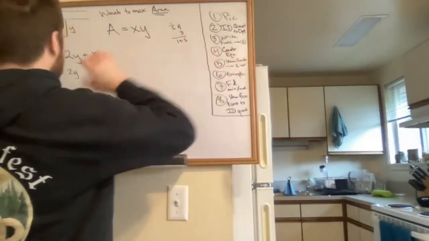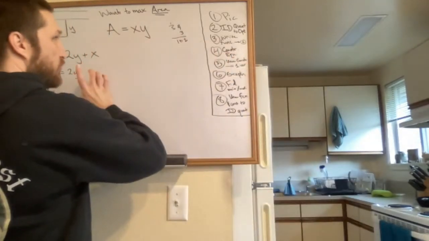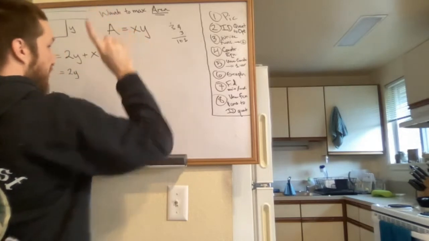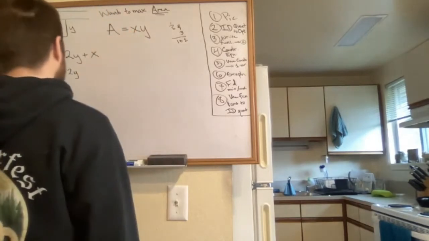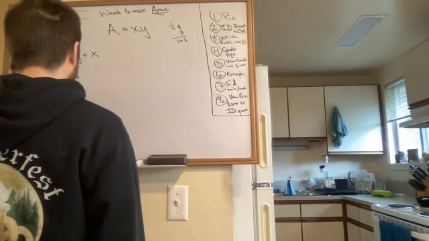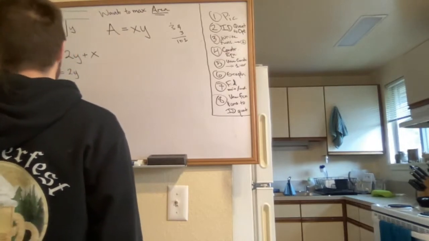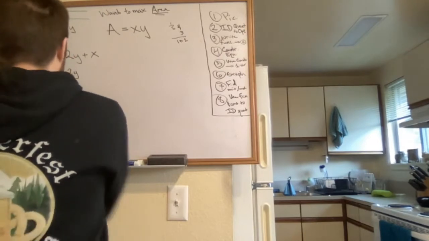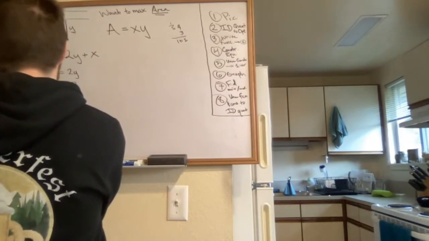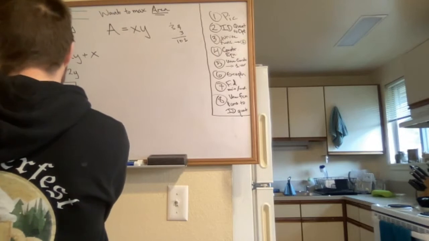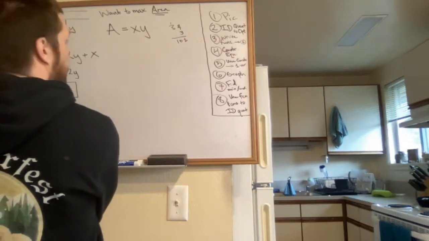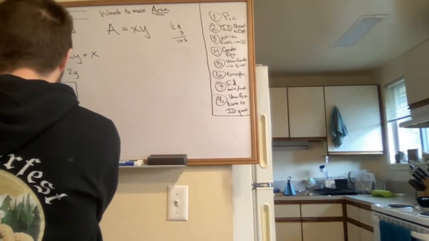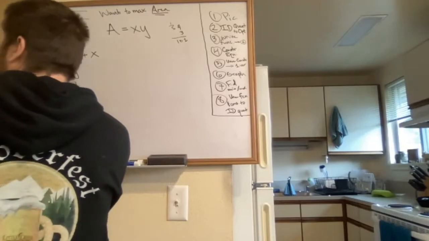We are using our constraint to reduce our 2 variables down to 1 variable. In other words, we're writing 1 variable in terms of the other variable. And what do you get?